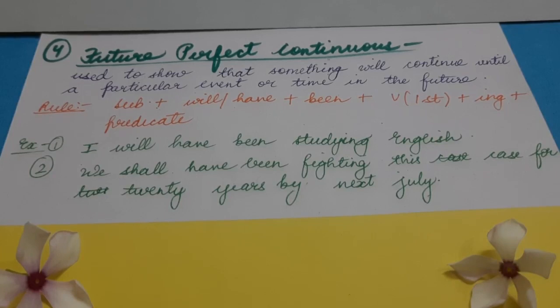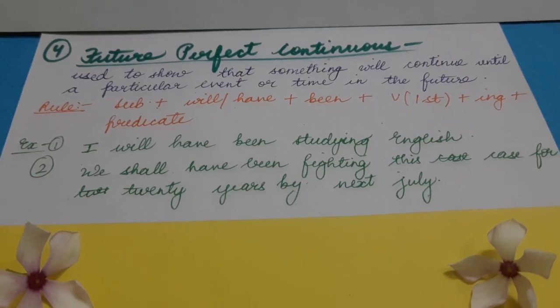By next July, you will have been fighting. It means that your duration of fighting will be 20 years by next July, because next July is in the future. So it means your fighting will complete its 20 years by next July.